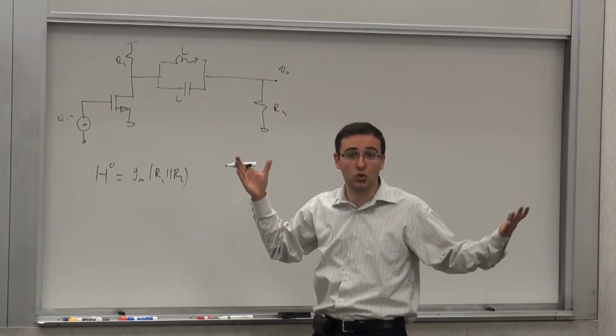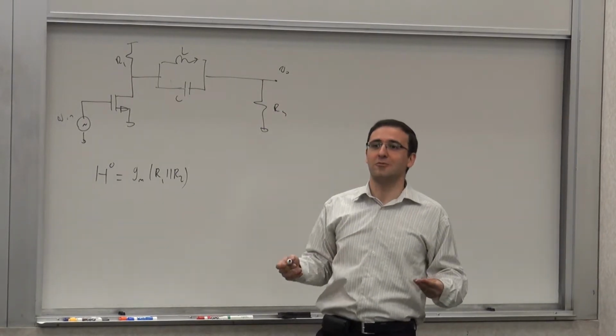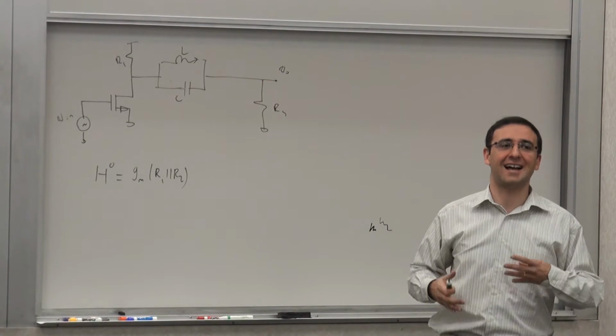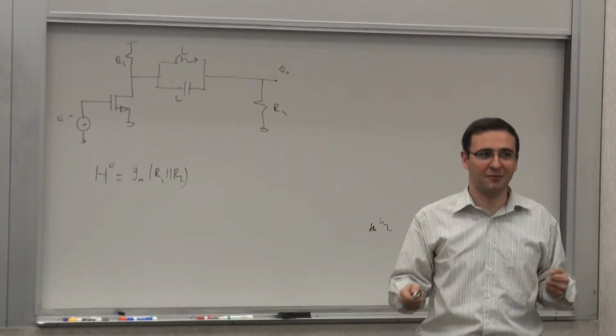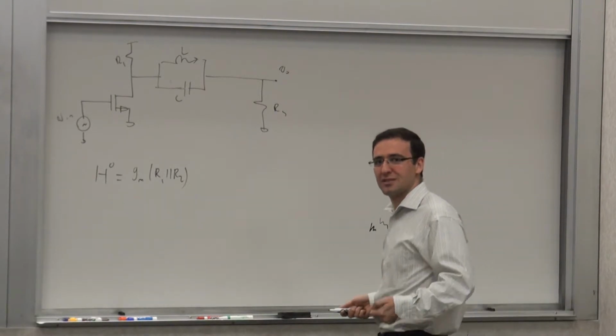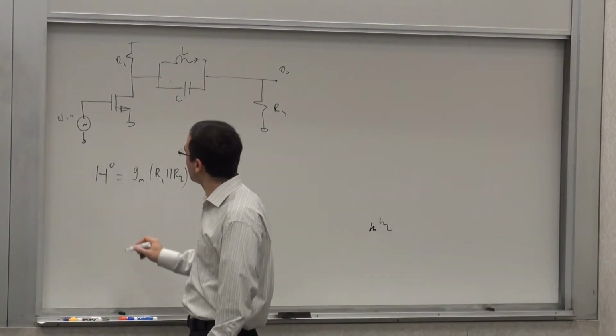That's why we took the pain over the last several lectures of not saying shorting and opening, but saying 0 value and infinite value, because they mean different things for inductors and capacitors.